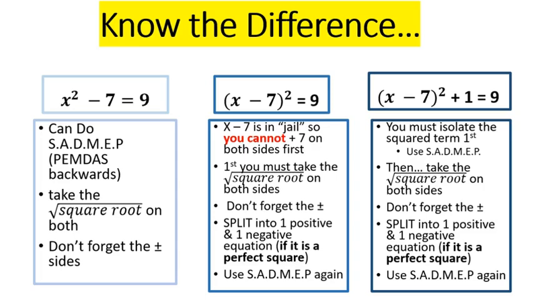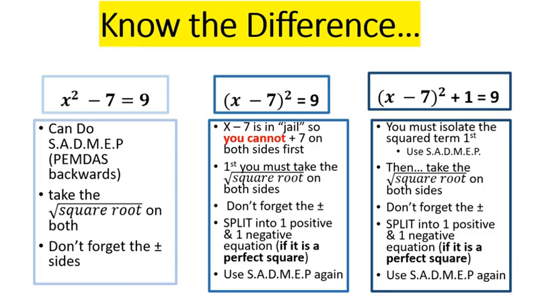Now here is a slide. You need to know the difference. Repeat after me: know the difference. You have to know the difference and how to attack each of these quadratics when you're trying to solve by square roots. They all have the squared, which makes them a quadratic, but the order in which you are able to do your steps does matter.